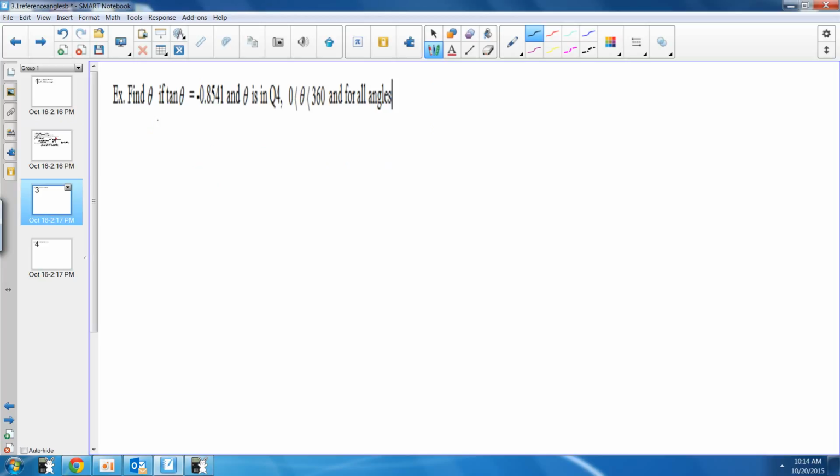This isn't that clear, so I'll rewrite it. Tangent of theta equals negative 0.8541. And we're talking about your fourth quadrant is where the angle is. First thing I want to do is figure out the reference angle.